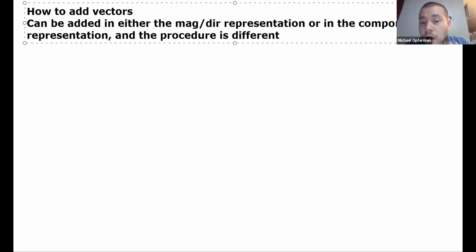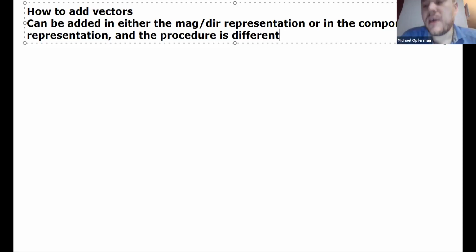So kind of spoiler for this section, it's going to turn out that adding vectors in the component representation is, practically speaking, much easier. So 99% of the time, we're going to add vectors using the component representation, but it is useful first to go over how you would add them in the magnitude and direction representation, because this turns out to be very useful conceptually for picturing how you add two vectors to each other.